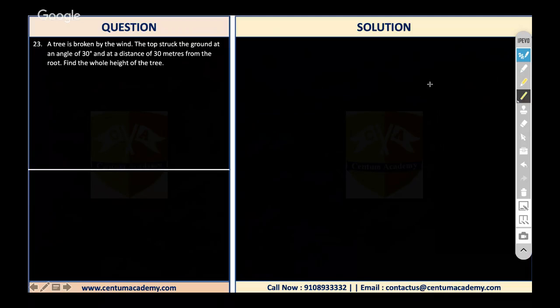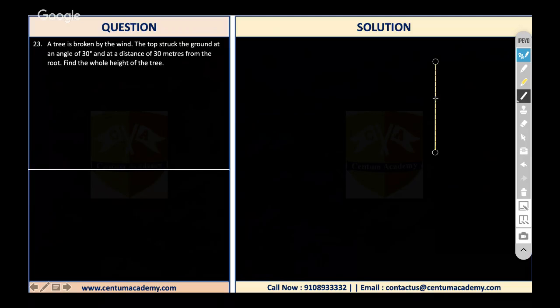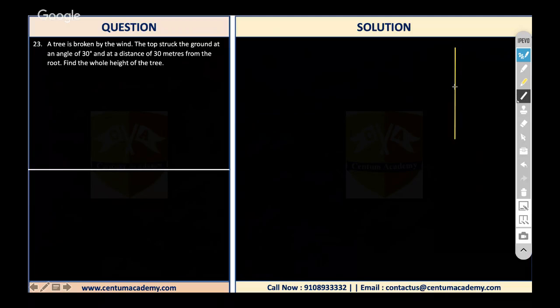That means, let's say this was the original tree and it broke from somewhere. Let's say it broke from this point, like that. And they are saying that now it is touching the ground.